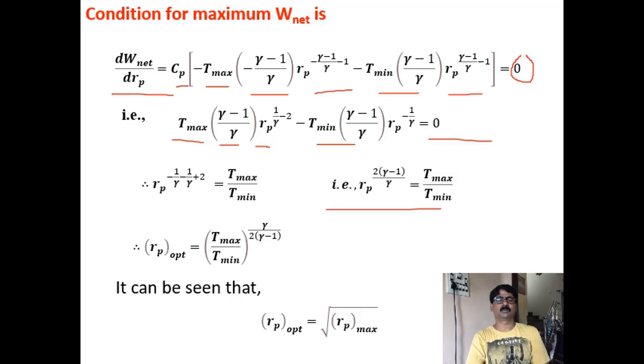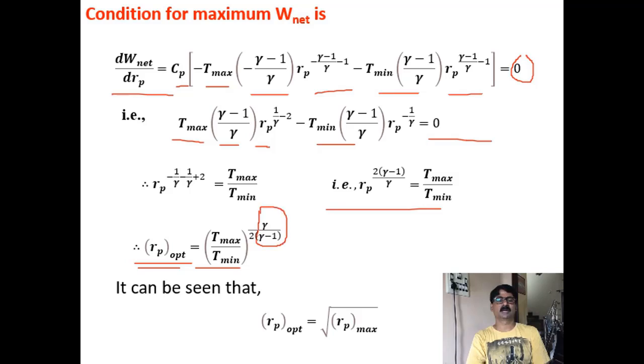So Rp optimum, because whatever pressure ratio you are finding is the optimum pressure ratio, is nothing but (Tmax by Tmin) to the power (gamma by (2 into (gamma minus 1))), or Rp max is (Tmax by Tmin) to the power (gamma by (gamma minus 1)).